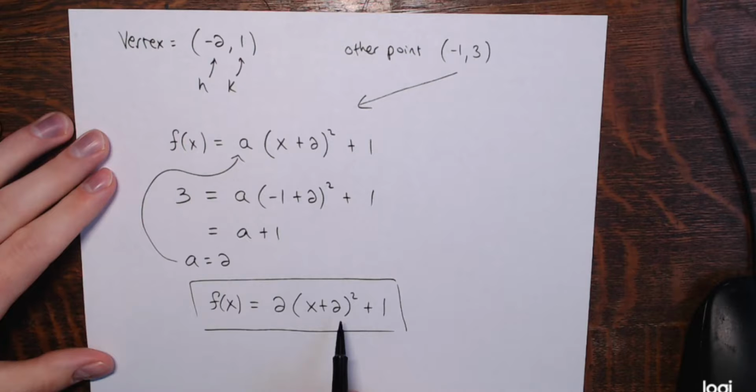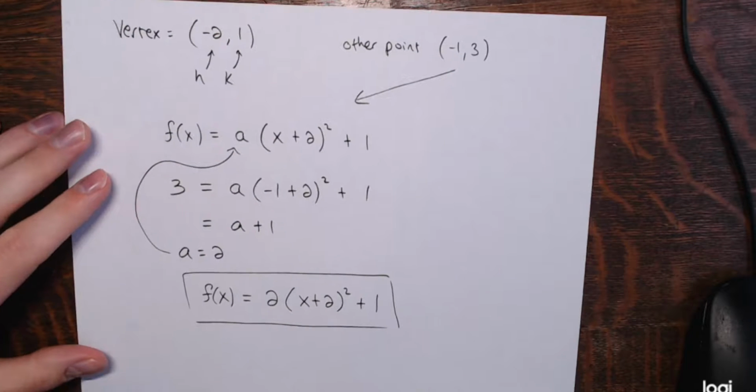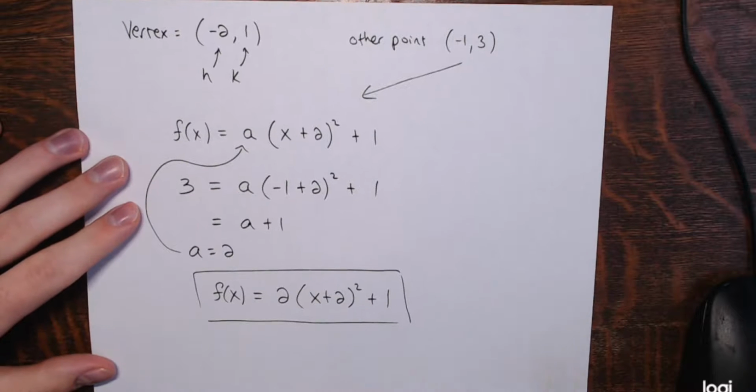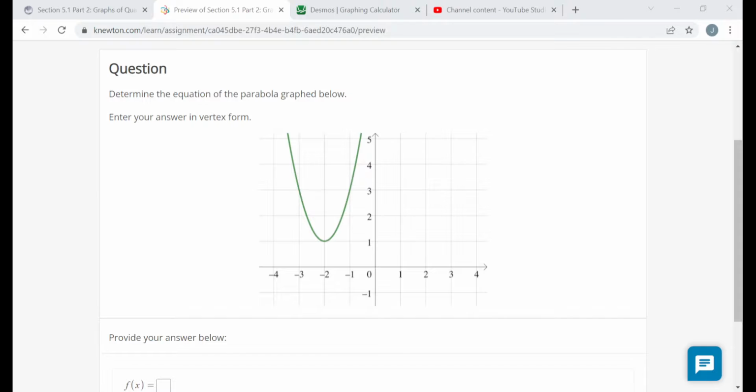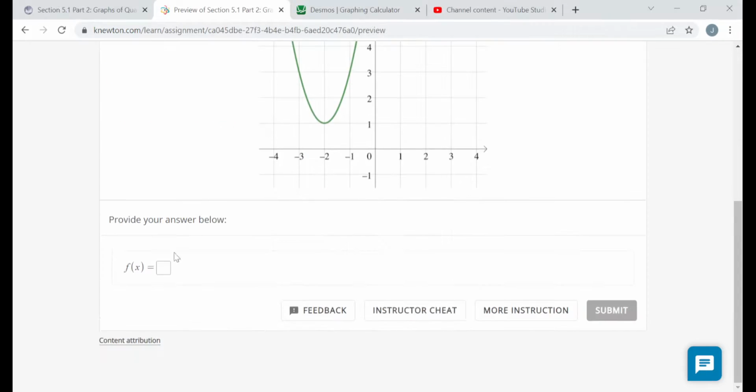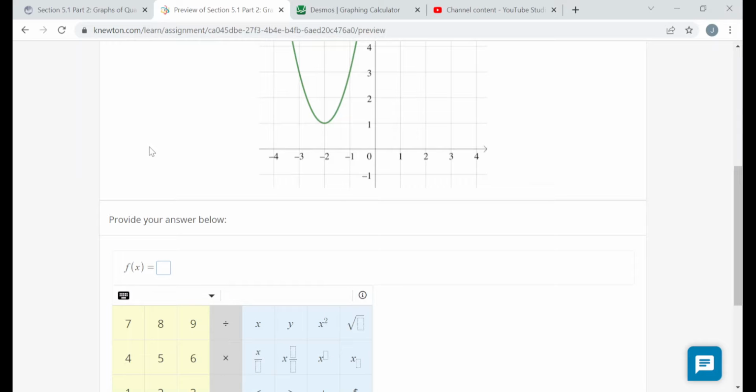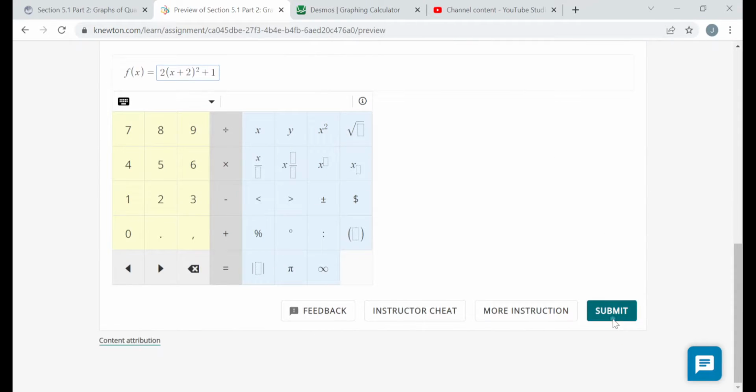If they said general form, then I would square the x plus 2, distribute the 2, and combine like terms to get it in general form. But I actually read it this time, and it says vertex form. So f of x equals 2 times the quantity x plus 2 squared, and then plus 1. And that should be good based on the picture I was given.